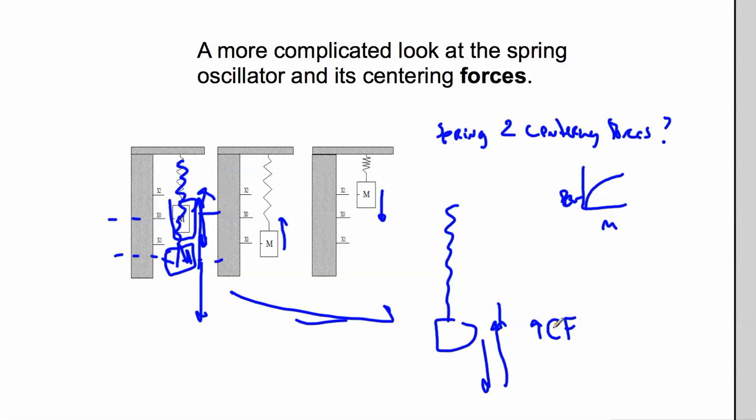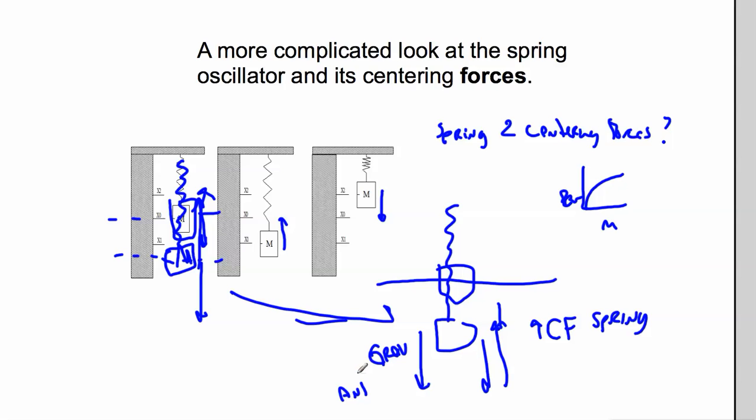So why is that? Well, the answer is that if you've added more mass, you've also added more gravity, which on the lower side, okay, so here's what we would call the equilibrium point. Down here, gravity works against the spring. So we have greater centering force from the spring, but gravity here almost acts like an anti-centering force.